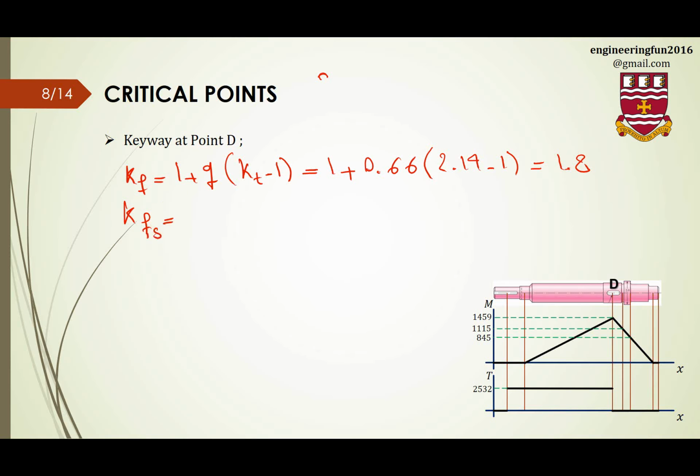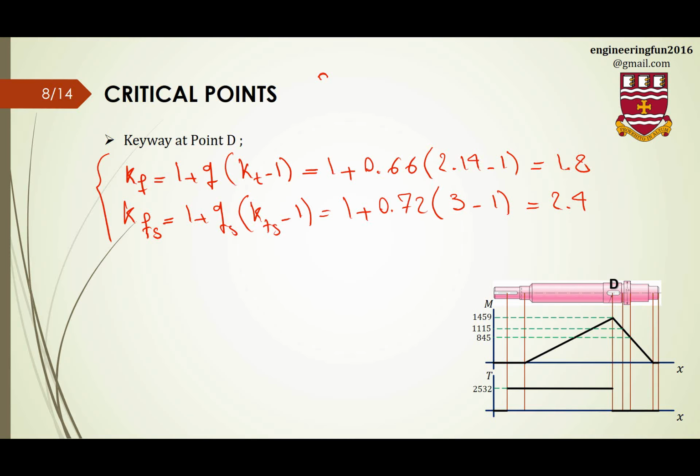KFS for shear will be 1 plus qs times KTS minus 1, which will be 1 plus 0.72 times 3 minus 1, 2.4.